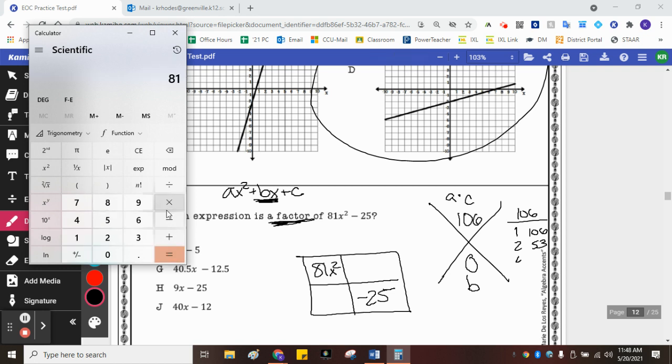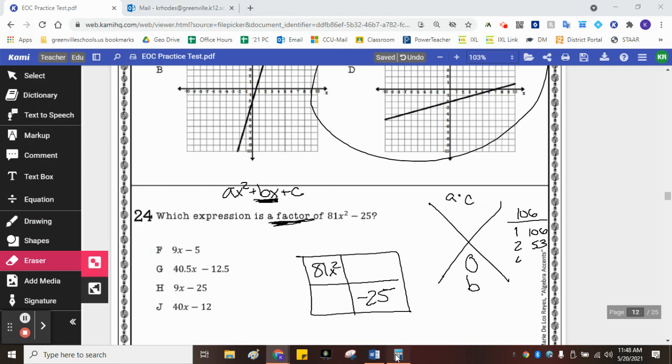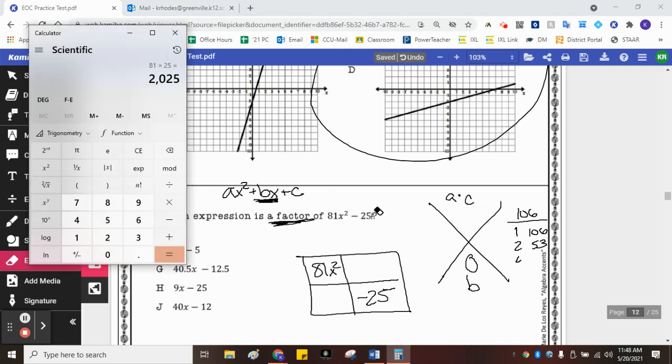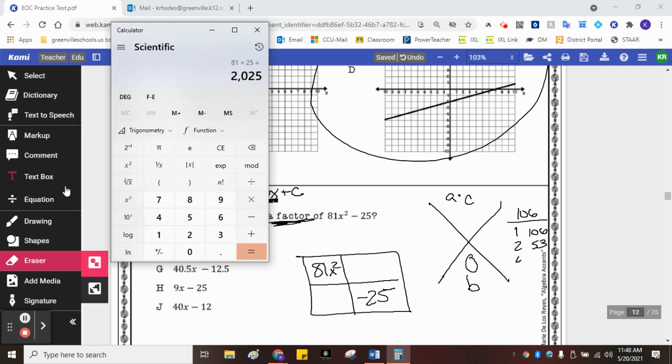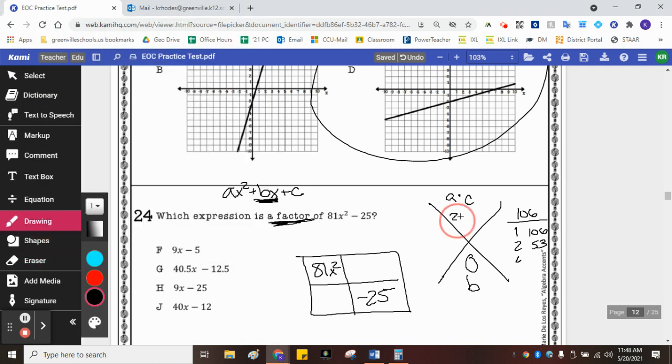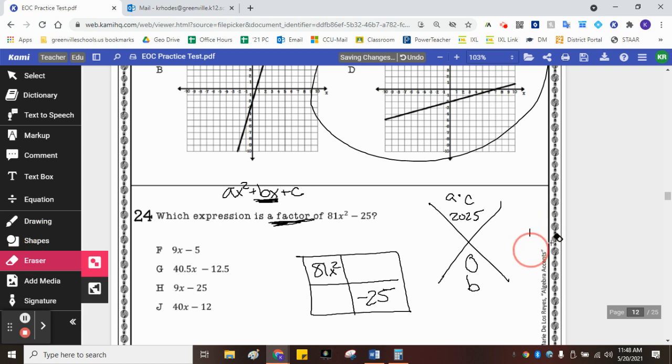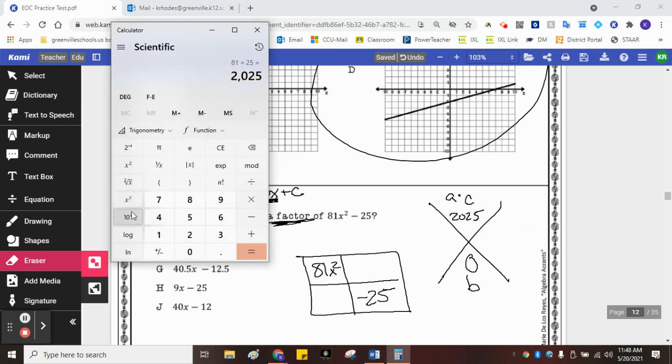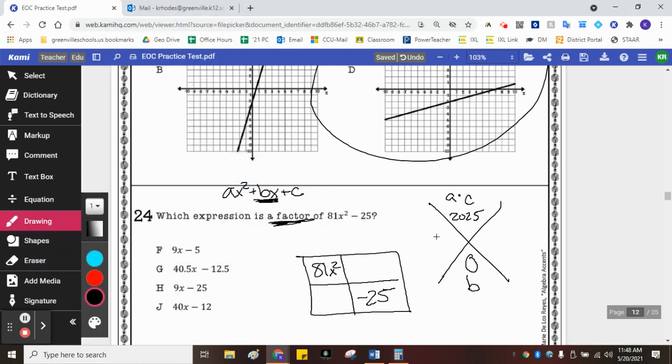Did I multiply 81 and 25 right? No, I didn't. 81 times 25 is 2025. Sorry. And then we can try to take the square root of that number. 45.